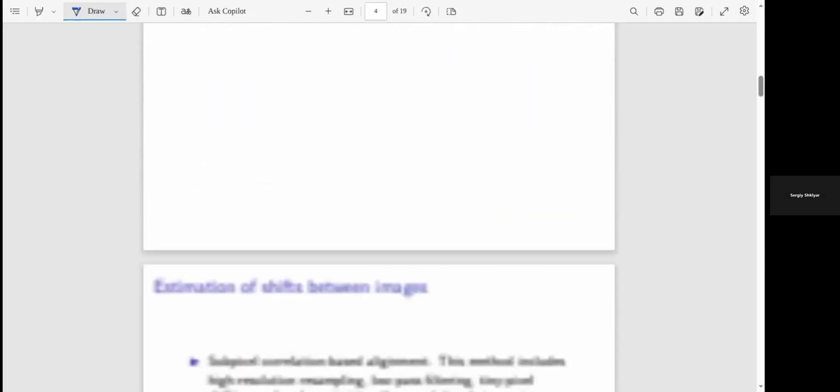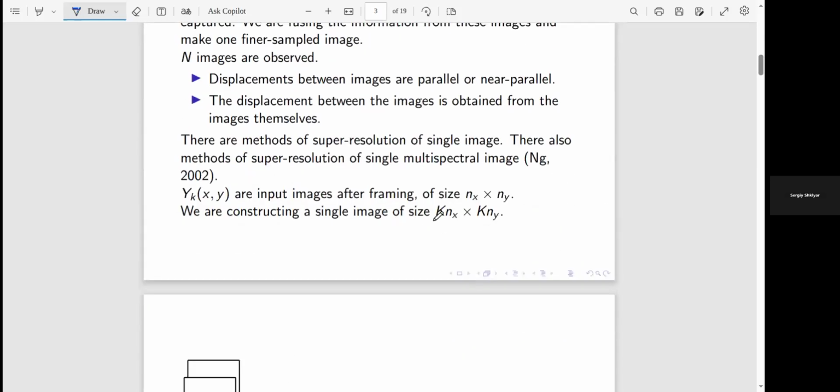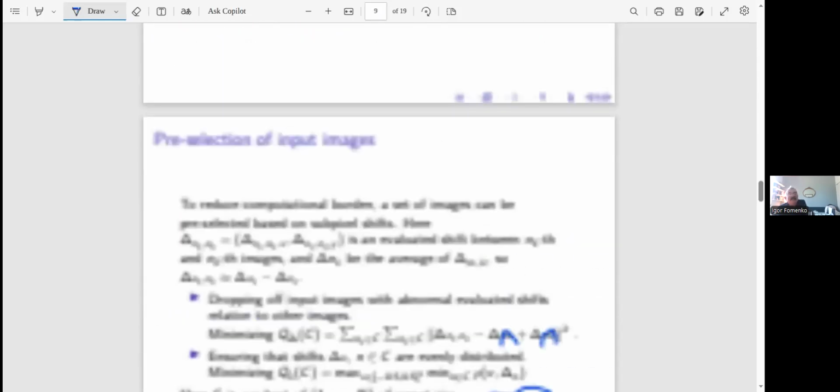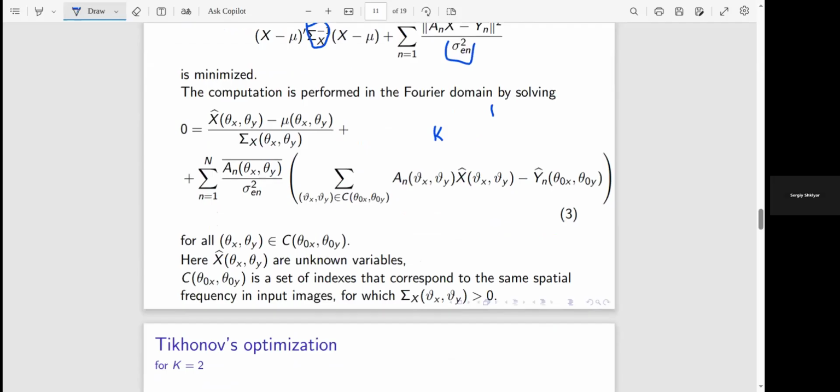The coefficients k was 4 at most. Yeah, that part I understand. But nx times ny can be very big, maybe a few thousand, 10,000. Yes, it worked with half a thousand.